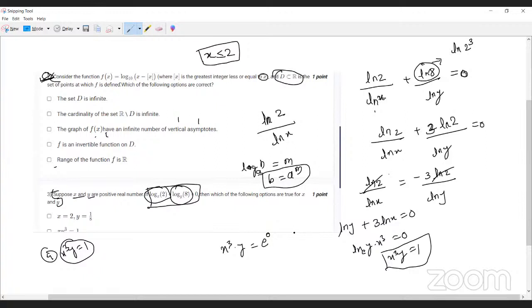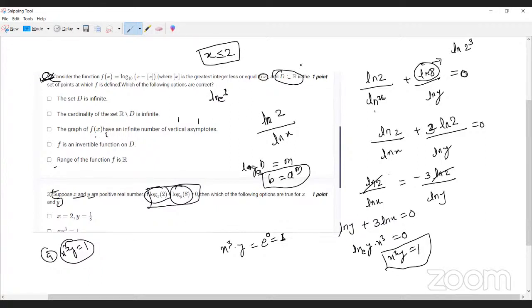So e to the power 0 is 1, right? Okay, got it. We can also say that 0 equals ln 1, then we can equate both sides. We can also write ln of 1 to the base e, then equate that here.